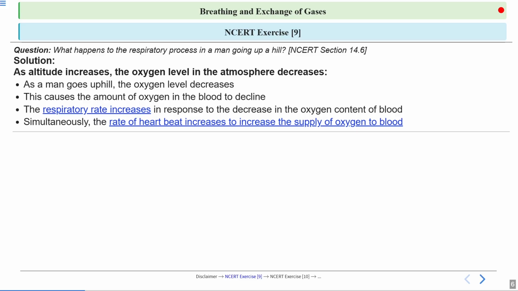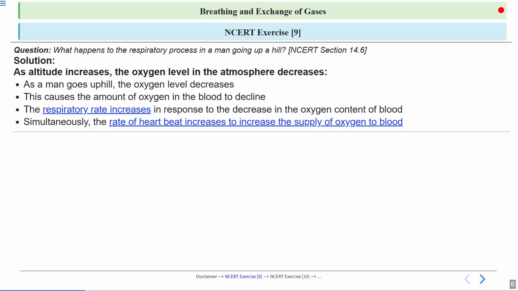When we get less oxygen, this is sensed by the heart, and it increases the heartbeat. So when the heartbeat increases, more and more oxygen can be supplied to the body, because the body requires an adequate amount of oxygen.